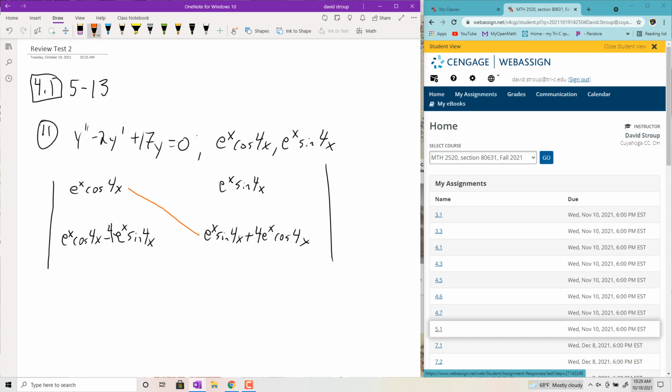Okay? And the determinant operation is just multiply on the diagonals and subtract. Right? So you have to do that diagonal first, subtract that product. Okay? So the first product will give you e to the 2x, e to the x times e to the x. You add the exponents, so you get e to the 2x.